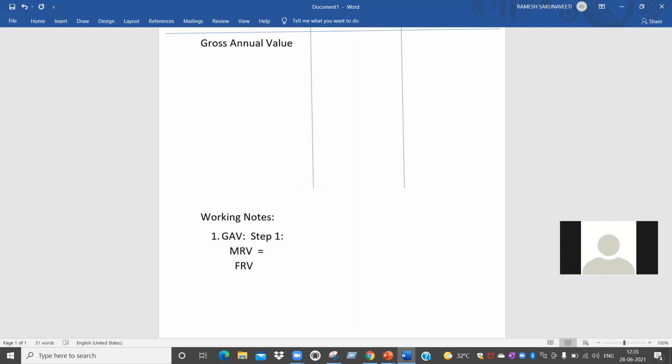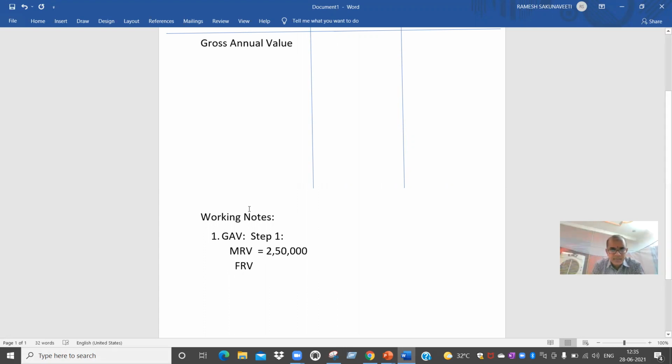If you read the problem, municipal rental value is given as how much? 2,50,000 is given. So 2,50,000 you will take. Then you are going to compare it with FRV. What is the fair rental value? If you see it, fair rental value is 2,10,000. Is it correct? Yes, am I correct?